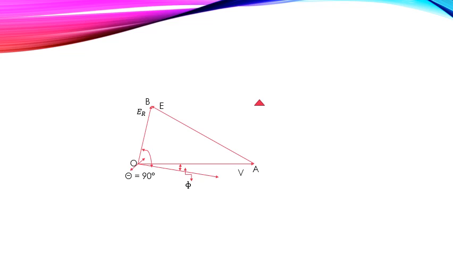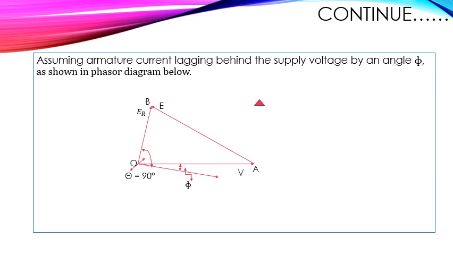So according to that we can draw the phasor diagram. Assuming armature current lagging behind the supply voltage by an angle phi, as shown in the figure, that is the phasor diagram. Take V as a reference, then show the current lagging behind V by an angle phi.